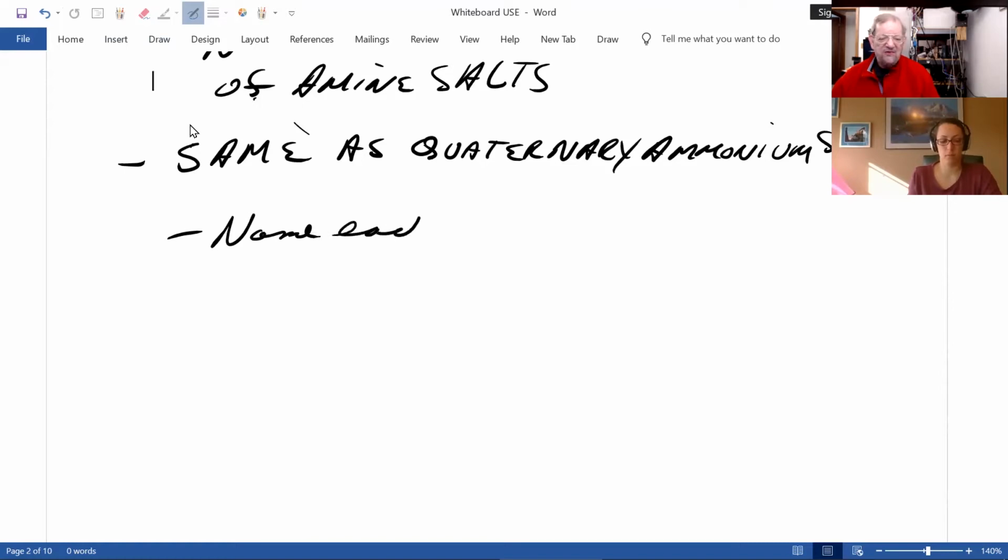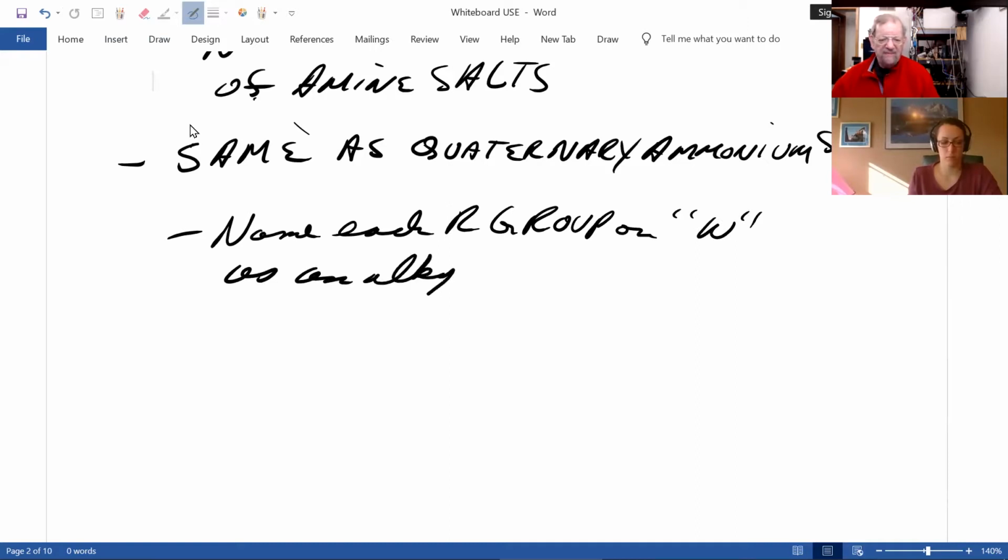Name each R group on the nitrogen as an alkyl group in front. And this is the common names, just like I did with amines. I'm not going to teach the IUPAC.